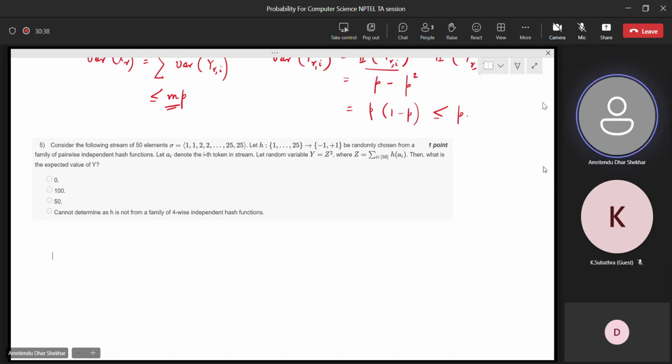Okay. So as usual, let y equal z squared, equal to the summation over i, j of h_k(i minus h).